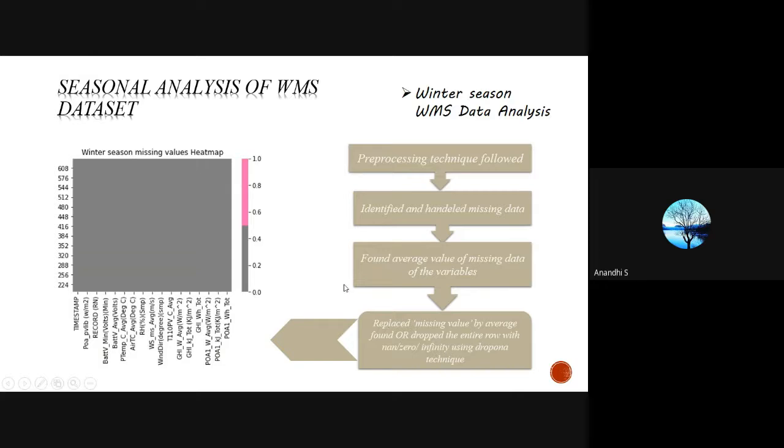Because if generation is not available, then it's an important column, right? So I dropped it. In this plot, gray color represents no missing data, and pink color represents missing data. Here we can see that there is no missing data.